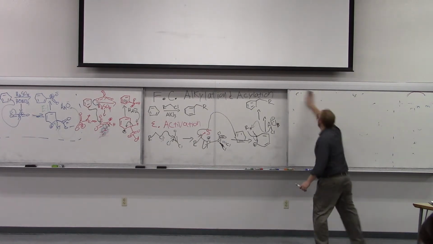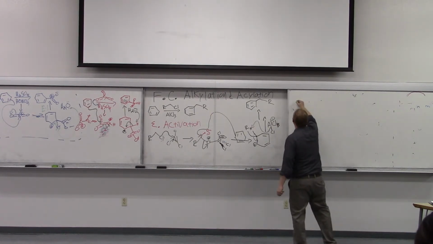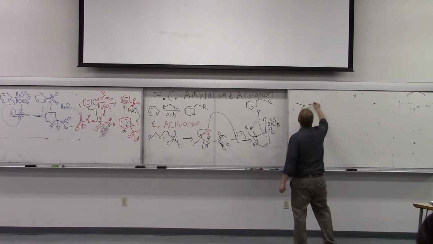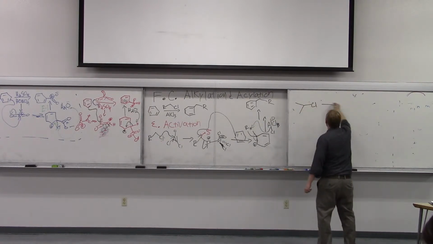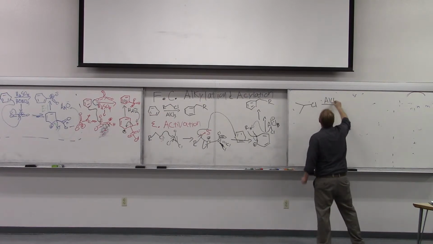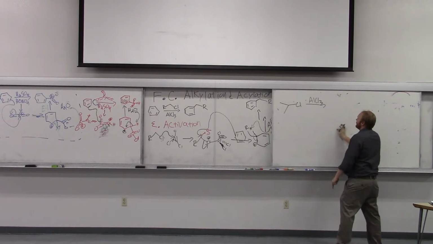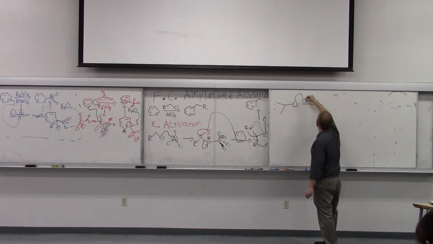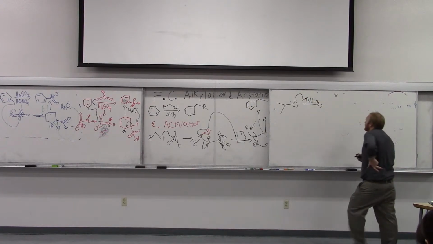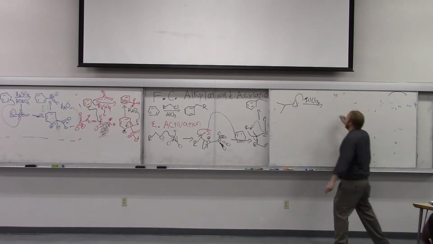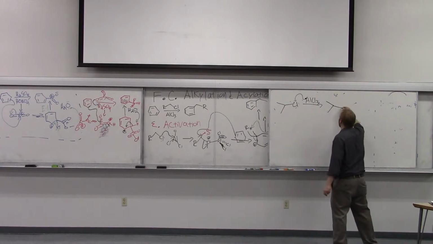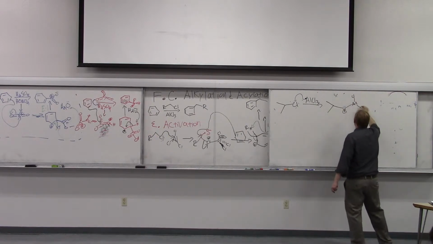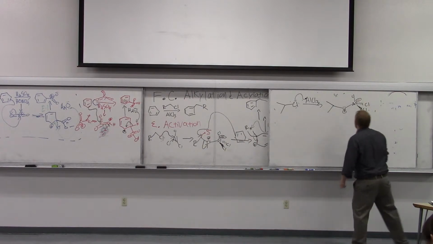And so what's going to happen is the chlorine, if we have a secondary or tertiary, is going to attack the AlCl3, giving us, again, that same weird intermediate with a positive charge on the chlorine and a minus charge on the aluminum, like so.